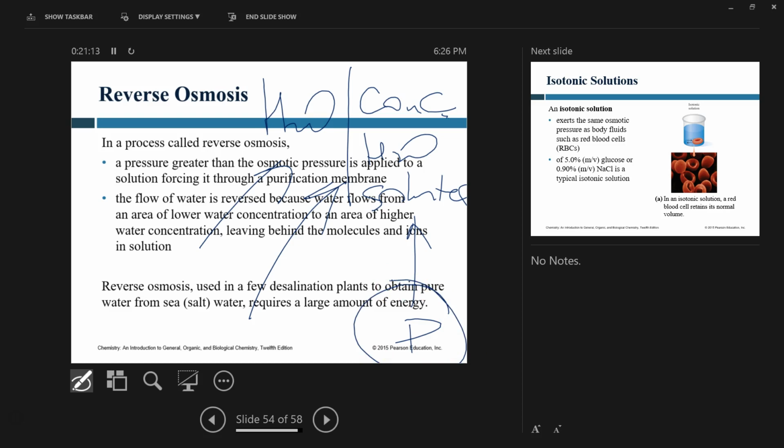Reverse osmosis devices are used to produce deionized water. Water that does not contain any solutes whatsoever. Okay? It is ridiculously expensive because it requires an enormous amount of energy.